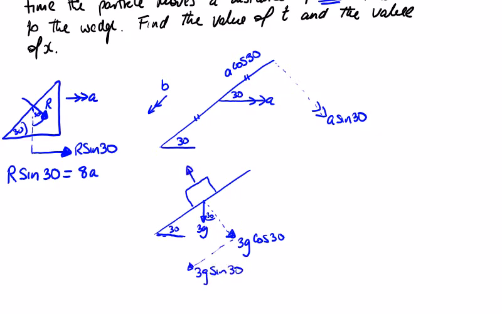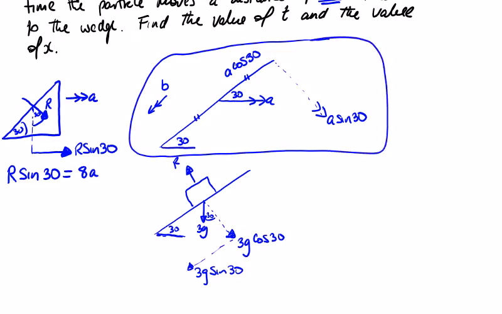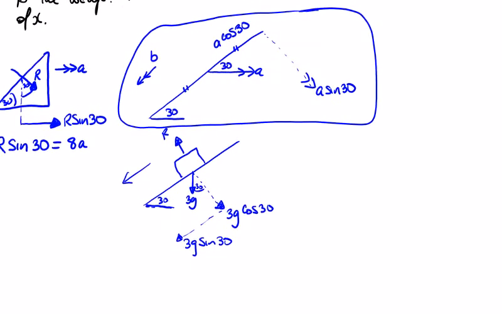I have my R. And now I have my accelerations from this diagram here. So let's look at this direction first. Going down that direction, we have 3g sine 30, this one here. And that's going to be equal to m, which is 3, by my acceleration, which you can see is going to be b minus a cos 30.